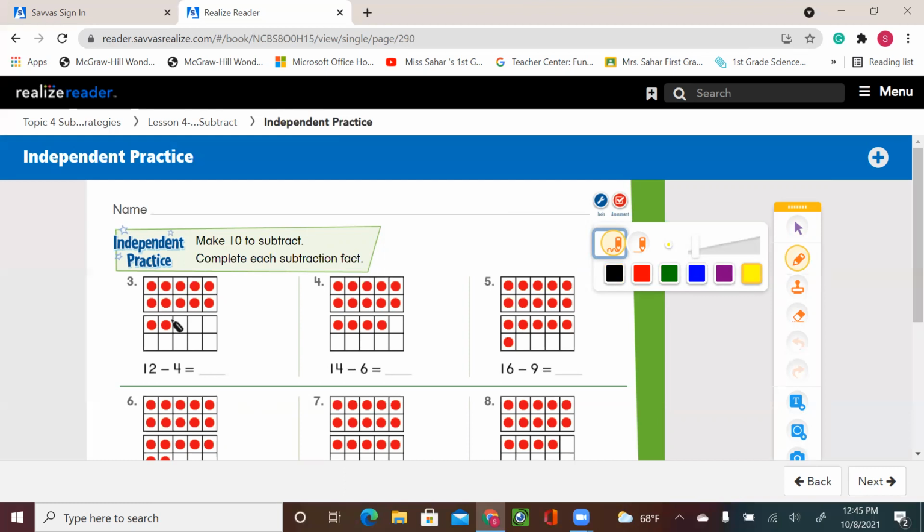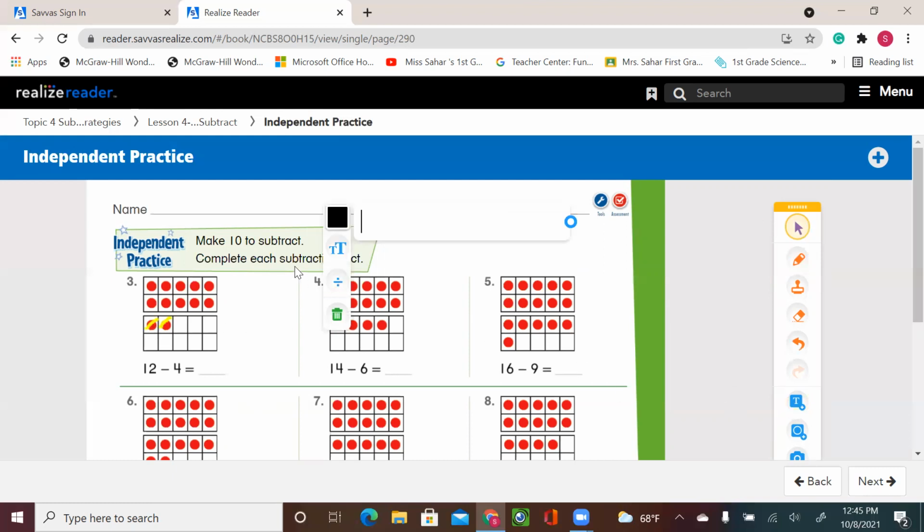So first, I'm going to say 12 take away 2 equals 10. And that's what we did when we crossed out 2.